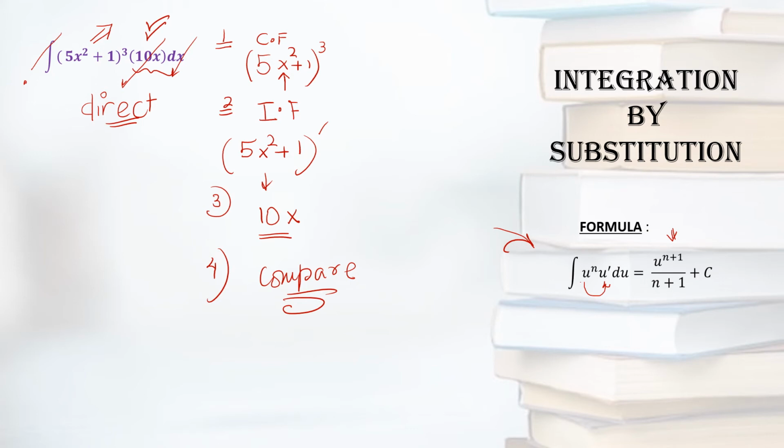It means write the inner function as it is, add 1 in the power, and divide by the same number. In your case, you will write the inner function as it is, that is 5x squared plus 1, add 1 in the power, so 3 plus 1 is 4, and divide it by the same number. And since it is an indefinite integral, no limits are written, so you will add the constant of integration. That's it.